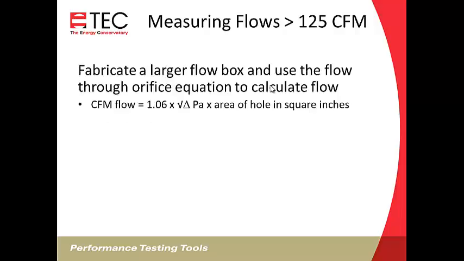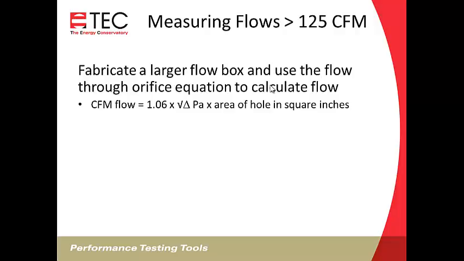So if you want to fabricate a larger flow box, then you'll use the flow through the orifice equation to calculate the flow. So you won't have a calibrated box, but you'll be able to get a pretty good idea of what the flow is based on this equation. So it's 1.06 times the square root of the pressure that you're measuring in that box times the area of the hole in square inches.